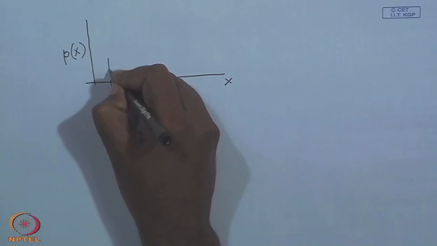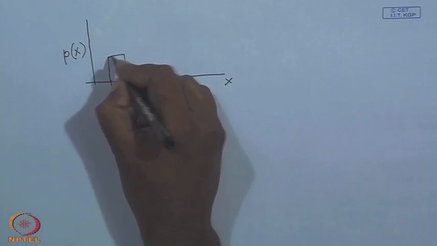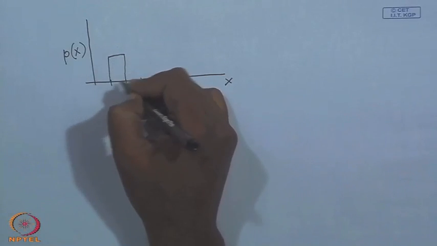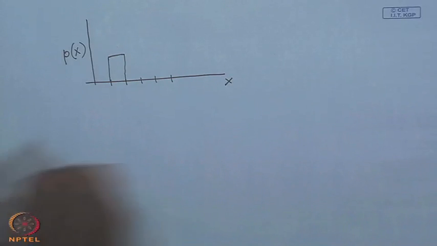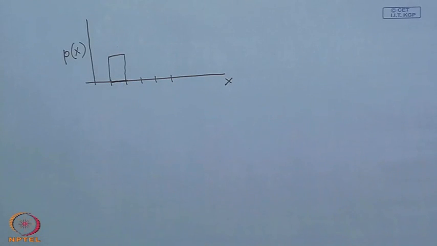So, it is something like this, where the height of this bar, which is nothing but the value of the probability density within this cell, is determined by the fraction of the training samples which falls under the bin, and simultaneously what the width of this particular bin is.